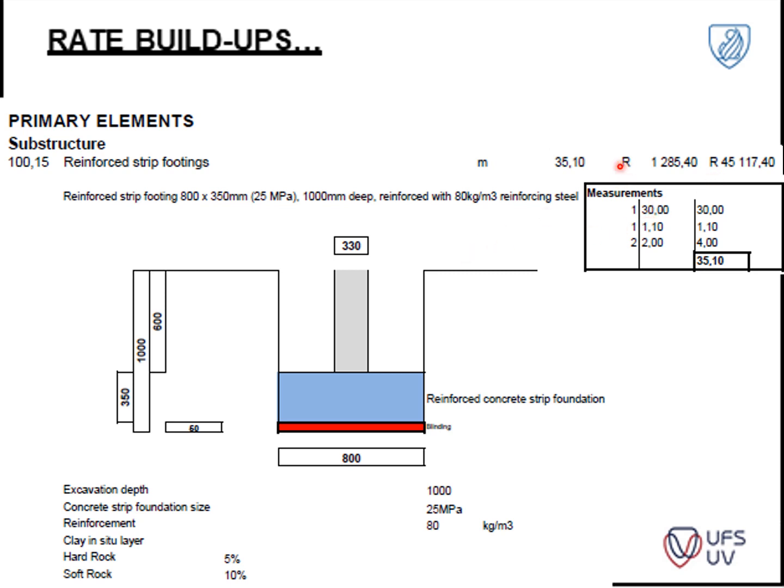But it's not that simple, because if you use the rates that you build up, you have a lot of items: your excavations, your concrete, your blinding, your rip and compact, your brickwork, your backfill, etc., which is not usually given in a meter unit when you are measuring or when you retrieve the information.